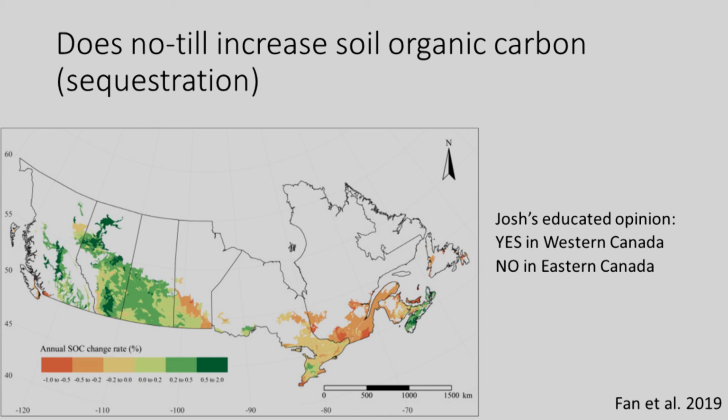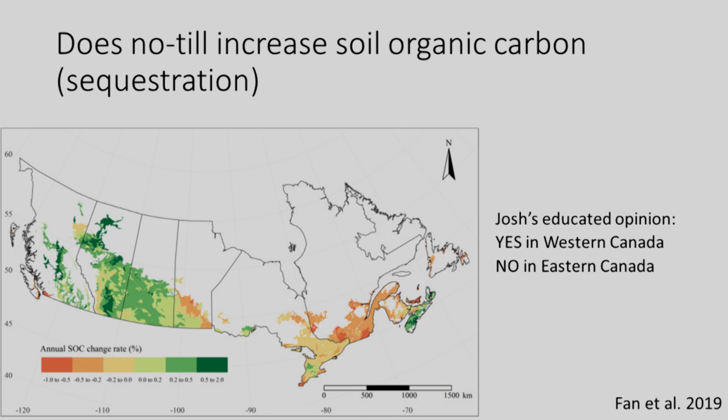This is from a 2019 study, a very good study. And you can see in Western Canada, those main agricultural regions, organic carbon's going up over time. Slowly, right? We're talking about 0.5 to 2% a year at most. But if you look at Eastern Canada, it's actually going down slightly. Again, very slightly, but a 0.5 to 1% decline in soil organic carbon.